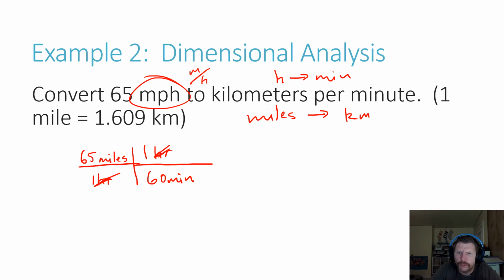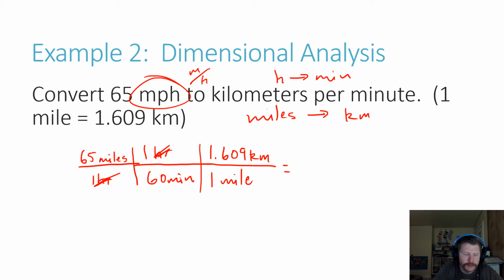Okay, so now where do I go from here? Well, it's pretty easy. We have our denominator unit solved for. Now what we need to do is resolve the issue that we have with our numerator unit. 1 mile is equal to 1.609 km.